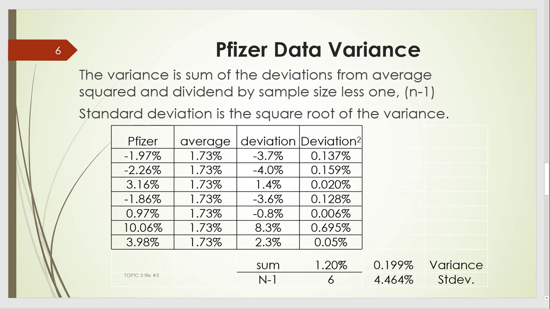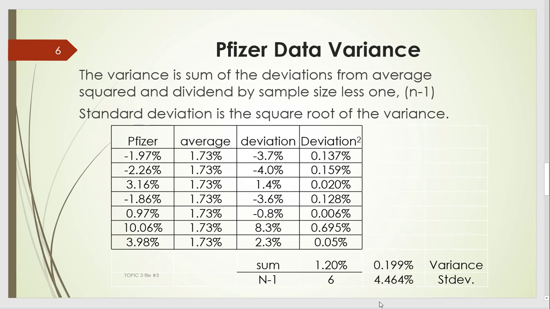If I divide the 1.20 by 6, I get 0.199%. That's the variance. If I take the square root of that, the standard deviation is 4.464%. So now I've done exactly what I did in the previous file 2, but I'm using Pfizer's actual historical data.